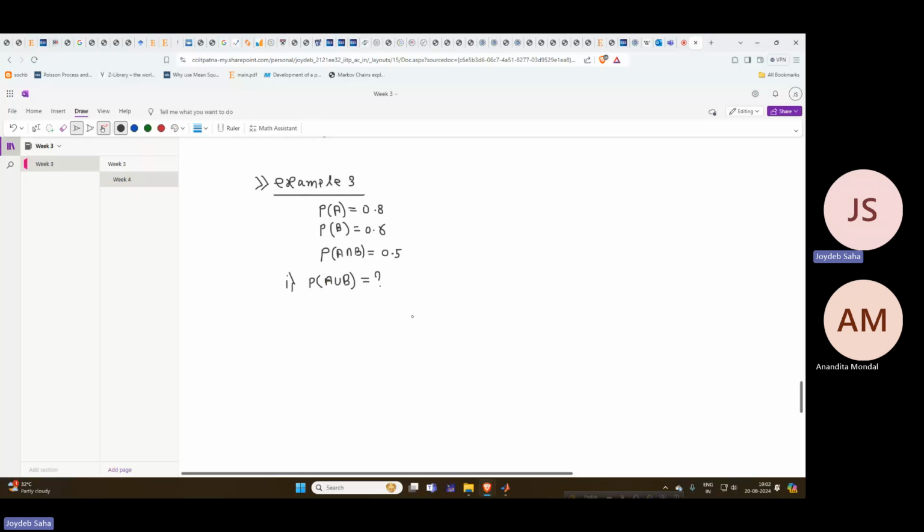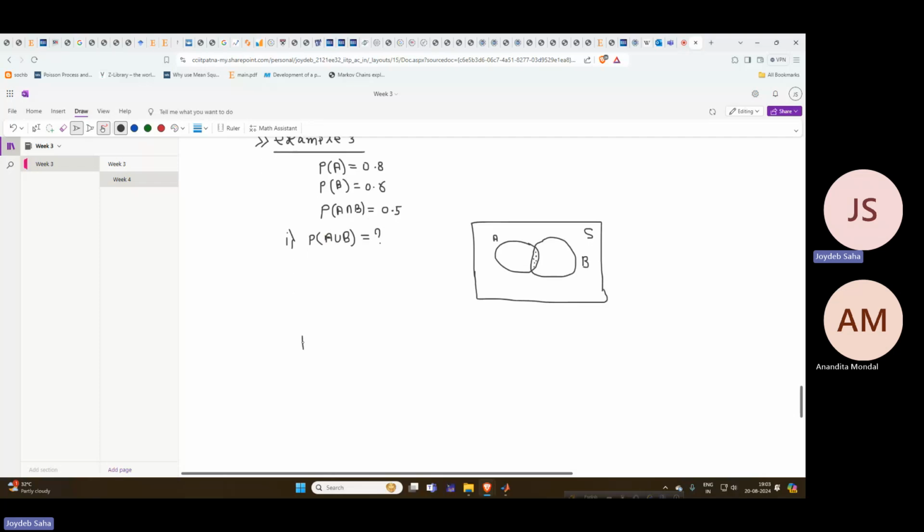So can we realize this using the diagram? Let this be the whole sample space S. This is event A and this is event B. So this part indicates the A intersection B, right?